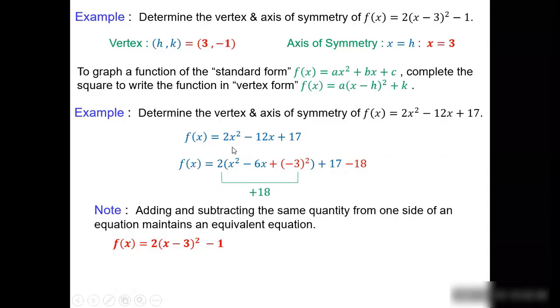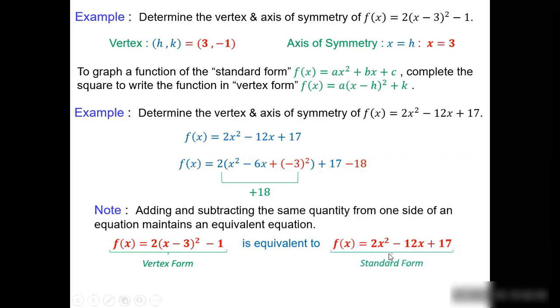So we've used this process called completing the square to change from a quadratic trinomial into this vertex form. And because this is obviously the same function as the original function, just in a different form, we now have a way to convert it to a form that's going to allow us to graph.